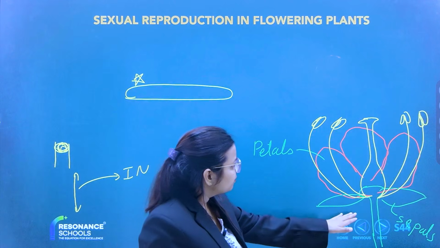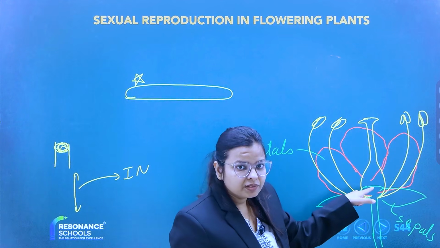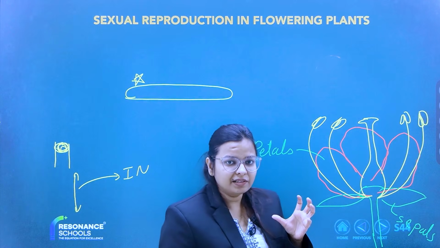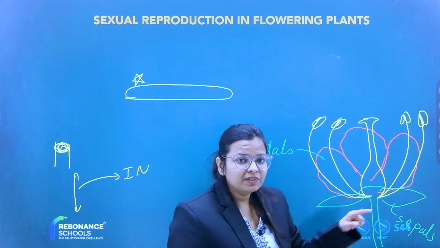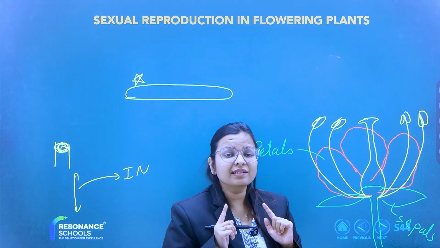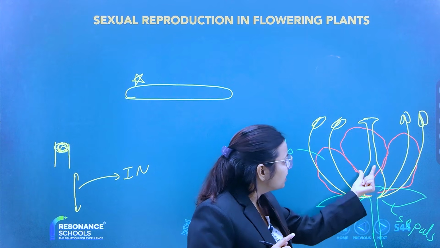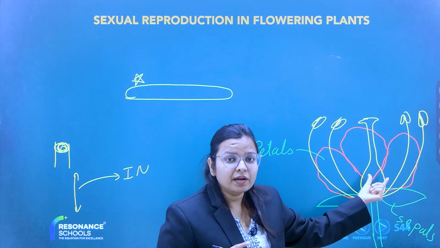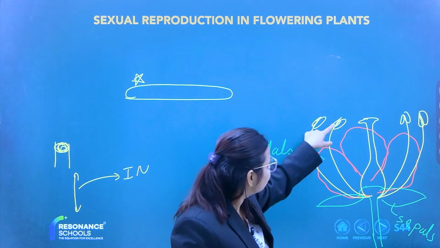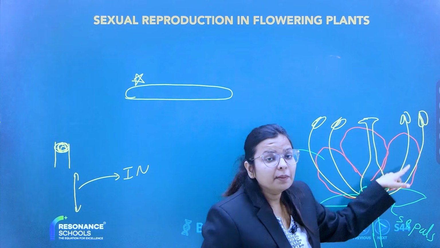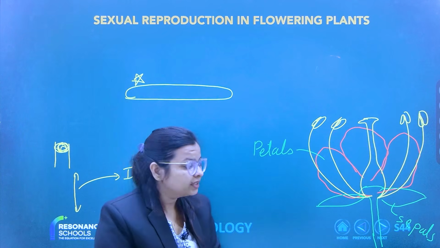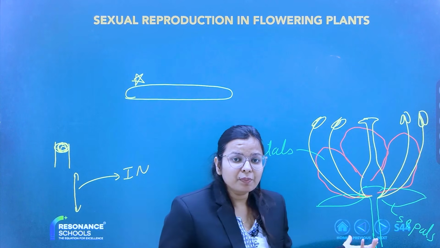So this is our flower. Again, this red part I have drawn here is your petals. This green part, which is outer to the petal, is called sepal. And this is the bulging portion here. This is the female part or female sex organ, and the outer portion, these are the male sex organs. So this is the structure of a complete flower.